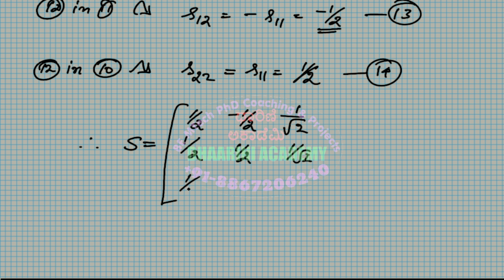Third row: 1 by root 2, 1 by root 2, and the third term is 0. S33 is equal to 0.